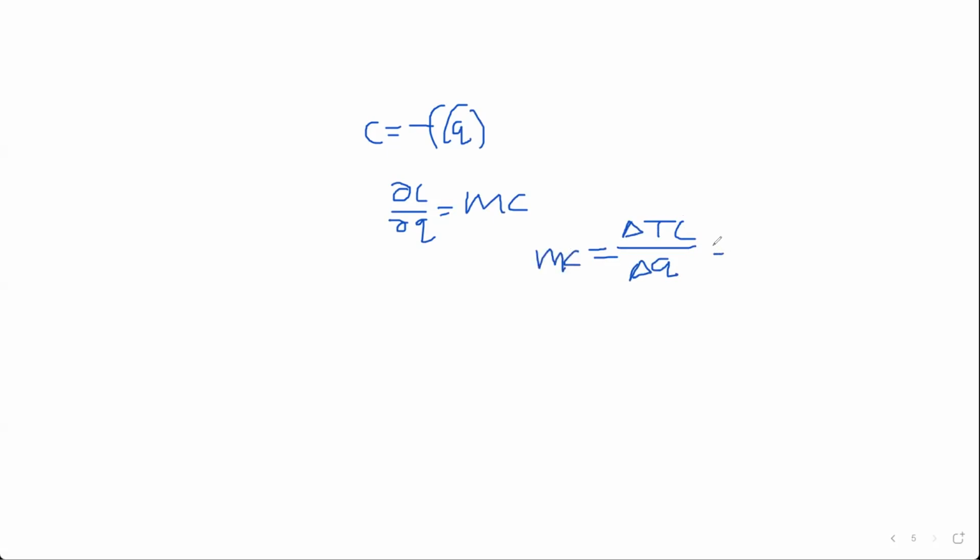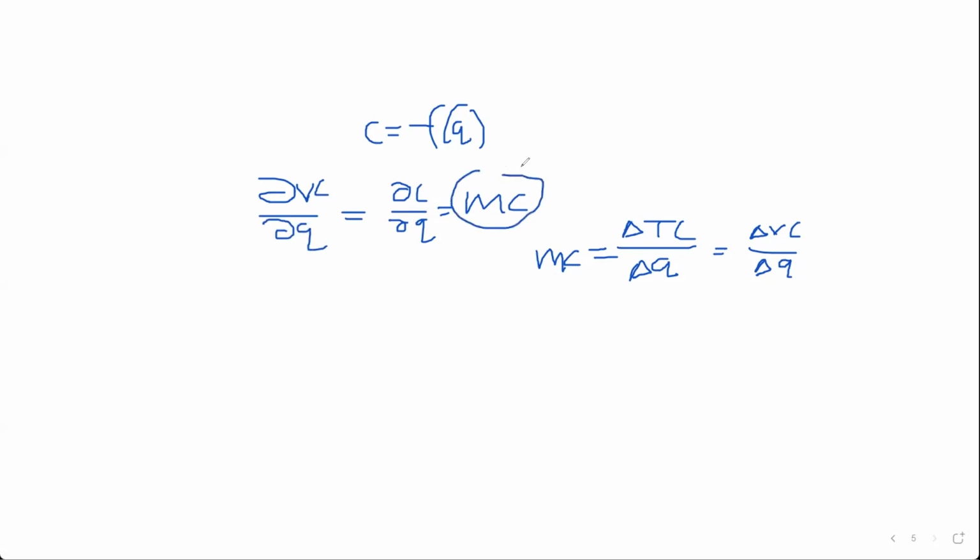This is also the same if you take delta VC, not the vice chancellor, a variable cost, divided by delta Q. Similarly, if you differentiate the total cost or the variable cost with respect to Q, you also get the marginal cost.